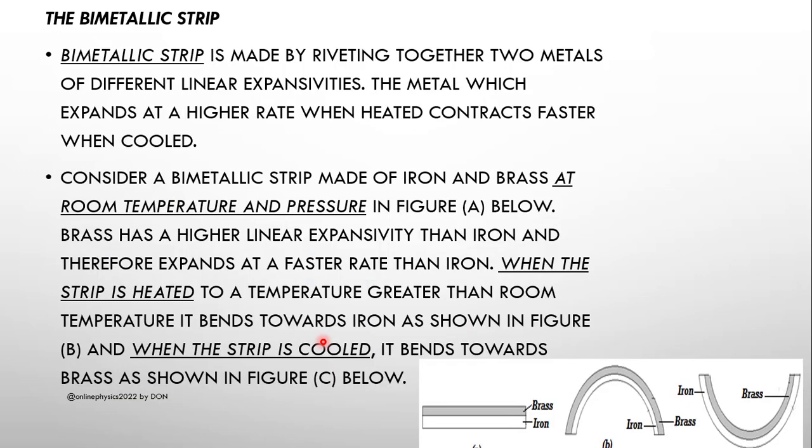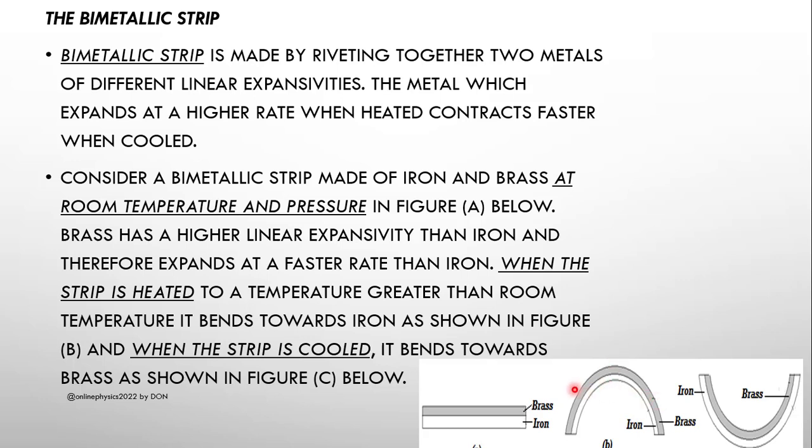So now in this section, we are told that brass has a higher linear expansivity than iron and therefore expands at a faster rate than iron. So when the strip is heated to a temperature greater than room temperature, it bends towards iron as shown. During heating, brass expands at a faster rate, so it will increase in length more than iron.